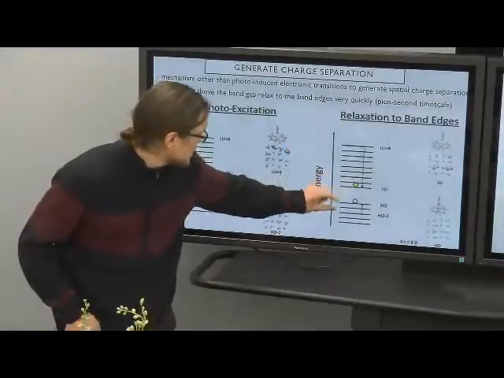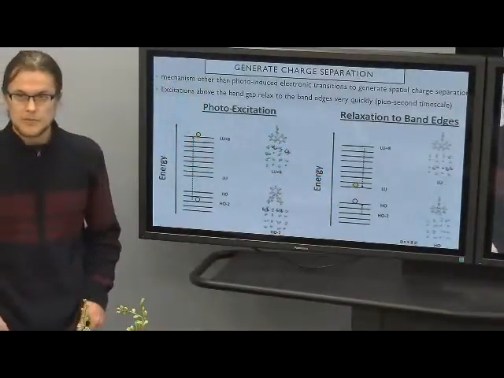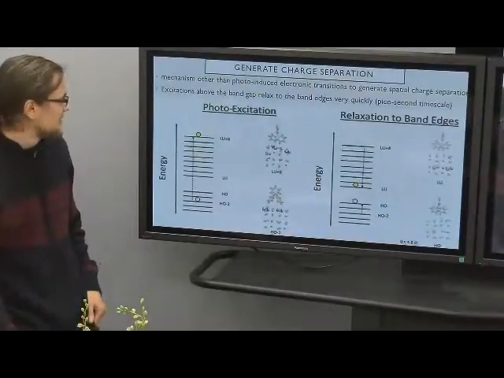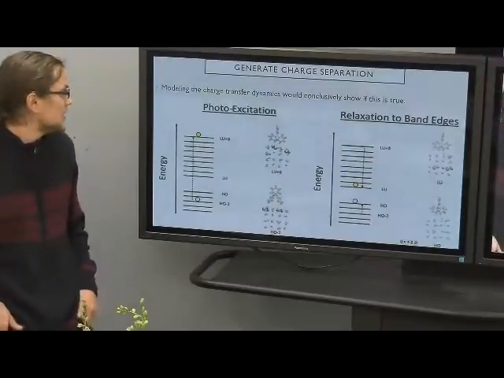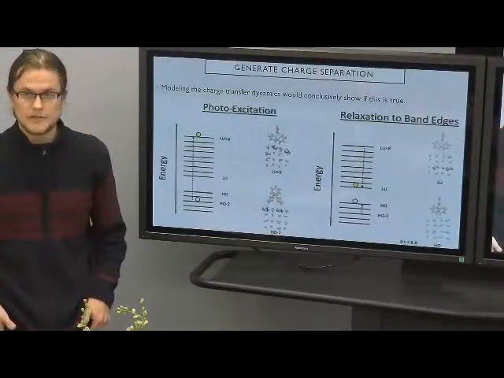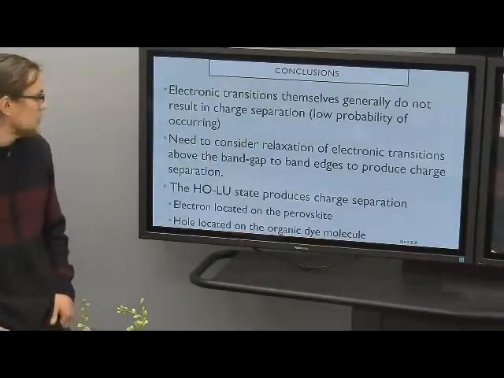If both the electron and the hole come to the band edges, that will produce spatially separated charges. To show this conclusively, I would have to do the charge transfer dynamics of this system as the next project to follow up on this.